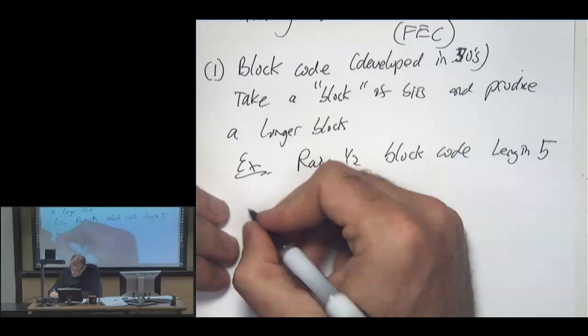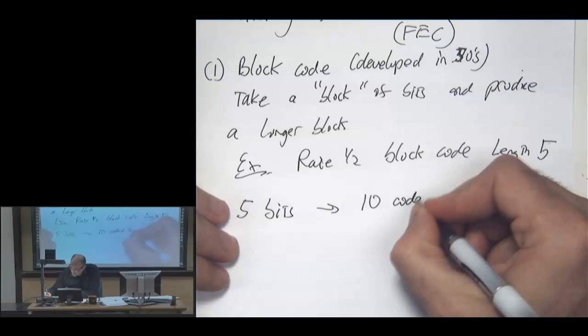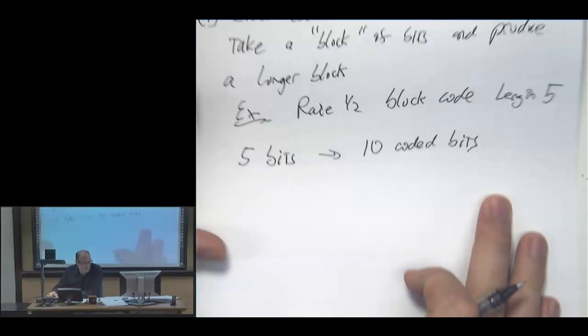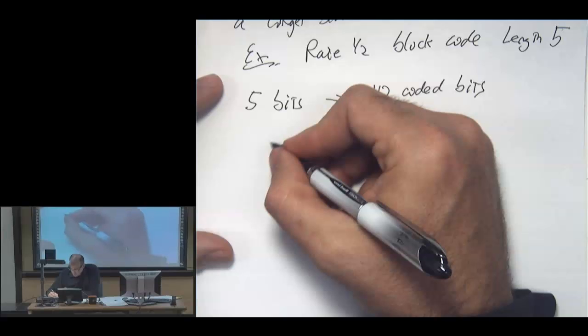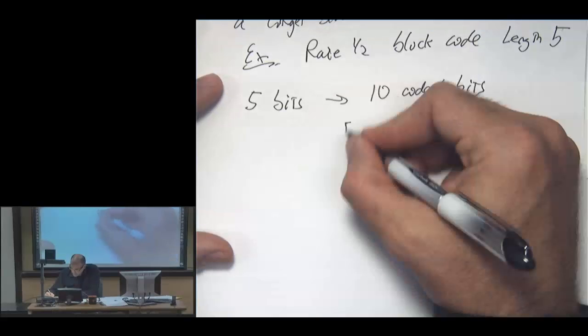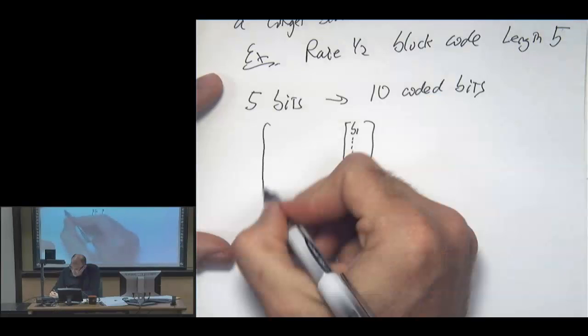So 5 bits get converted to 10 coded bits. You could have a vector of your bits 1 through 5 here, and you could operate on this vector using a matrix.